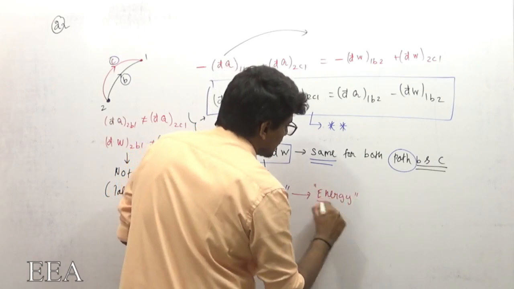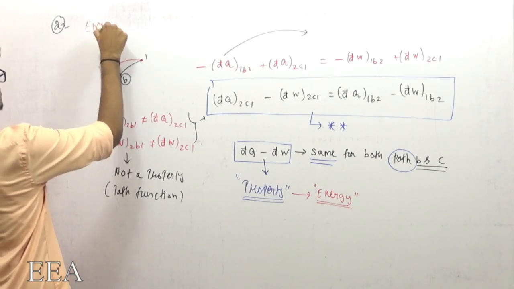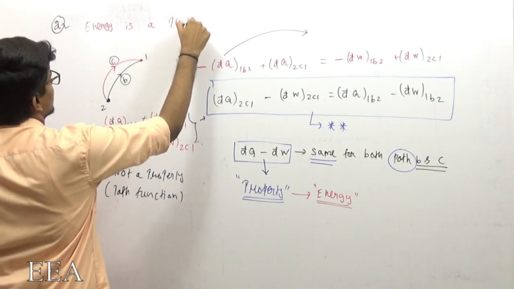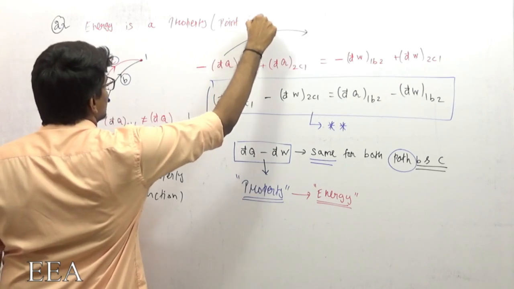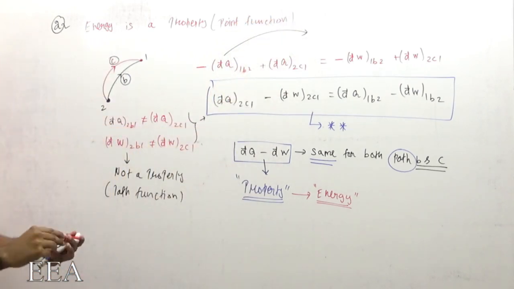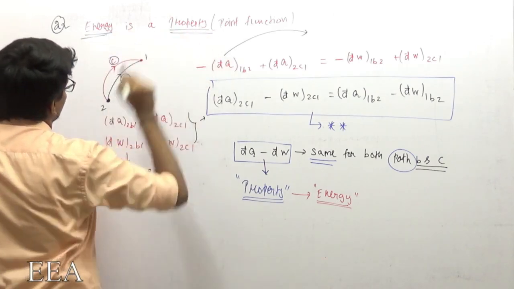So what is the second consequence? Energy is a property. In brackets you can write it is a point function, and we already know property means it has to be a point function, an exact differential. So energy is a property.